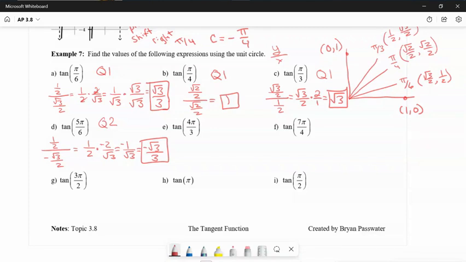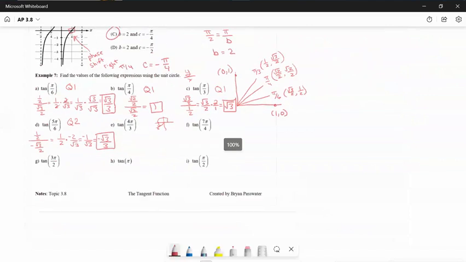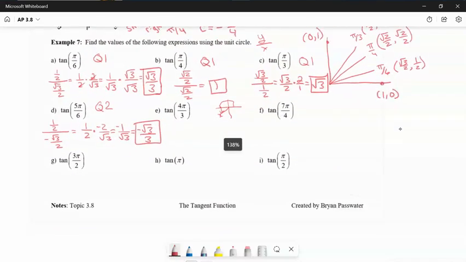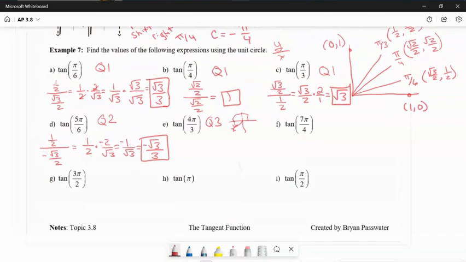Okay, for the next one, we're at 4 pi over 3. So I'm thinking for this one that if I was at 3 pi over 3, I would be at pi. And I'm just going a little bit further than 3 pi over 3. So I'm somewhere down here, which means I'm in quadrant 3. And that means both the y and the x are going to be negative.